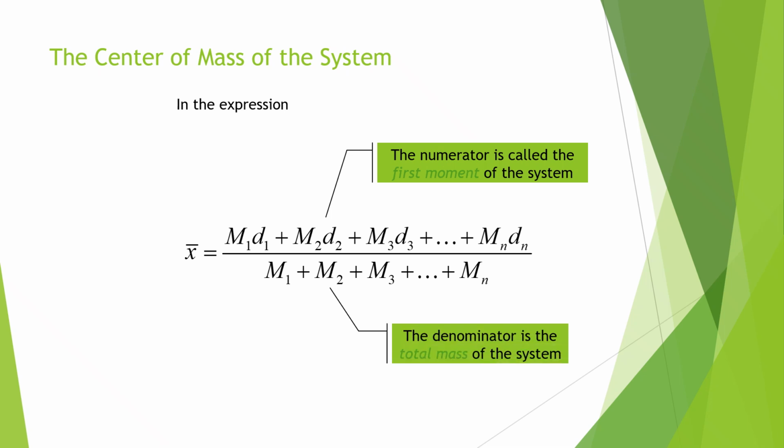So the numerator can be written as m1 d1 plus m2 d2 plus m3 d3, or as the summation over i equal to 1 to n of mi di, divided by the total mass of the system. So indirectly, the center of mass is the first moment of the system divided by the total mass of the system. For two particles it is m1 x1 plus m2 x2 by m1 plus m2, and for a large number of particles it is the summation over i equal to 1 to n of mi xi divided by the summation of mi.